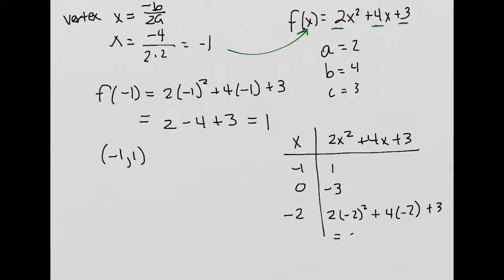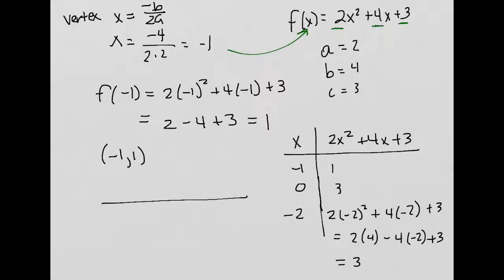That is equal to 2 times 4 minus 8, plus 3, and that equals 3. I did realize that I just made a mistake, so let me draw your attention here. I had miscopied the problem, and I copied it as minus 3 rather than plus. It is plus 3, so I am going to erase this negative sign because that's incorrect. All right. So now I have these 3 points.